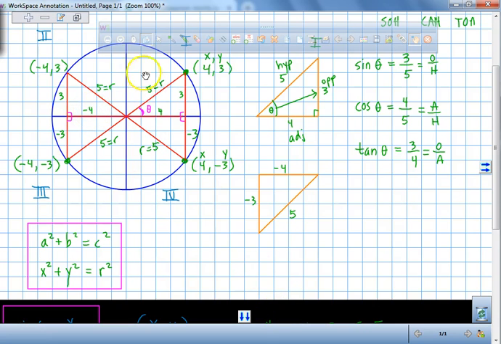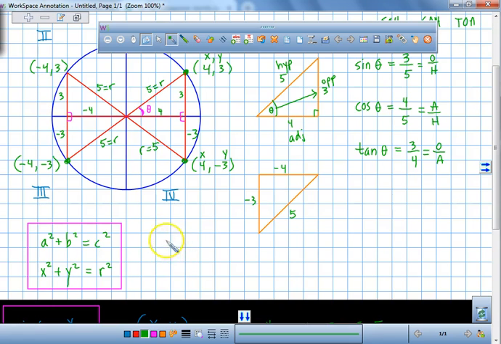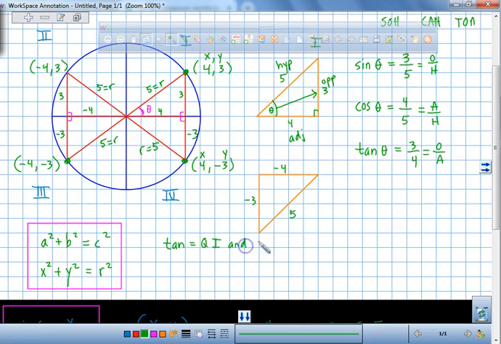So I want you guys, you know what, we'll just write that down real quick. Ready? The tangents will be equal to each other in quadrants 1 and 3. The sines will be equal in quadrants 1 and 2.